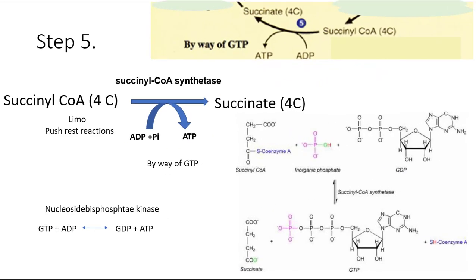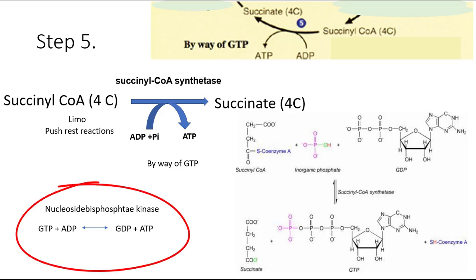Reaction 5 involves the conversion of succinyl coenzyme A to succinate by the enzyme succinyl coenzyme A synthetase. This reaction also performs a substrate-level phosphorylation of either guanosine diphosphate, GDP, or ADP, forming GTP or ATP. The phosphate group comes from free inorganic phosphate within the mitochondrial matrix.